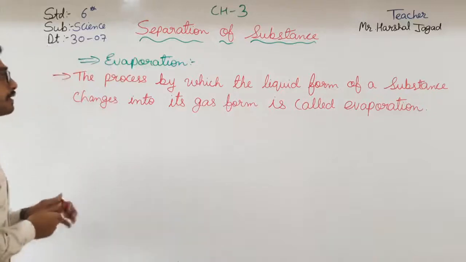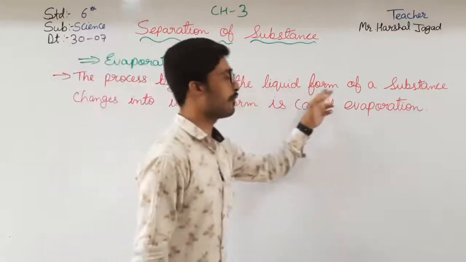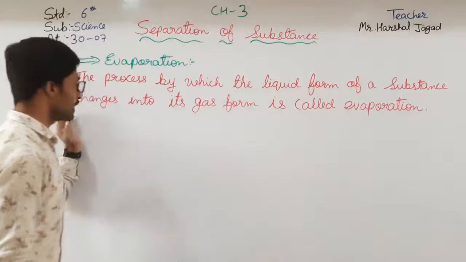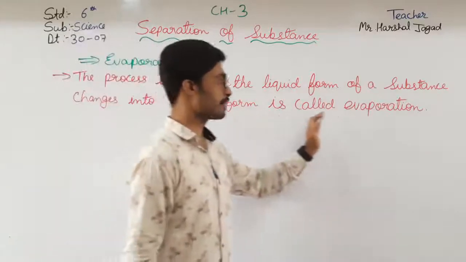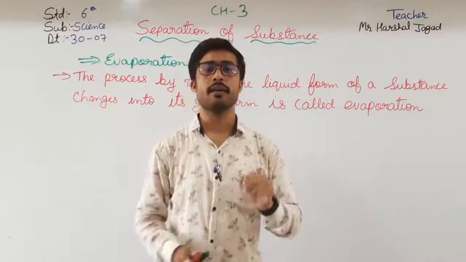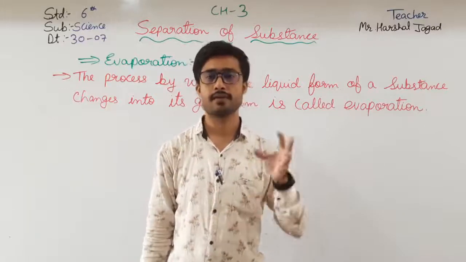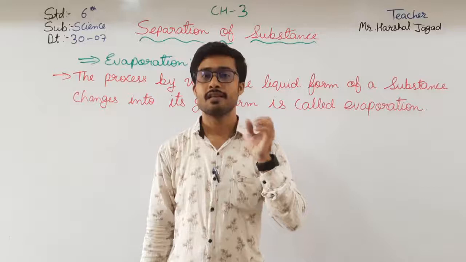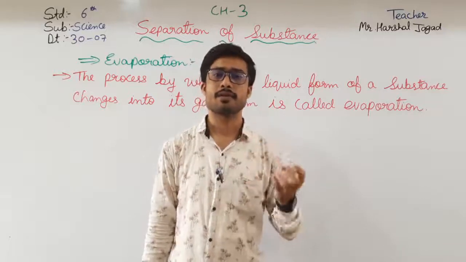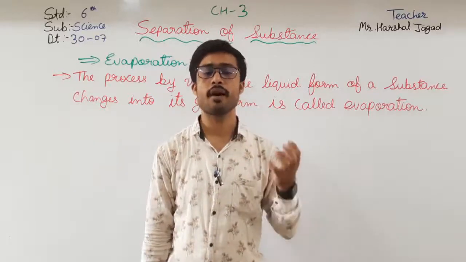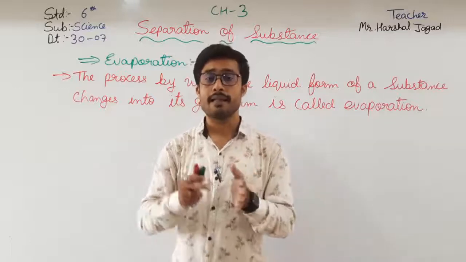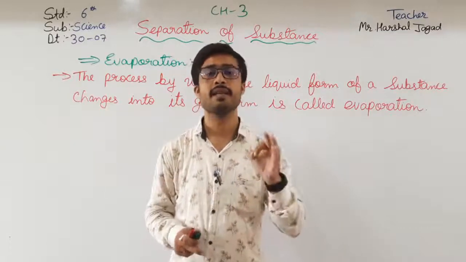The process by which the liquid form of a substance changes into its gas form is called evaporation. Means what? If I want to separate the salt from the water, that is, a solid which is soluble in water, then this method can be used.